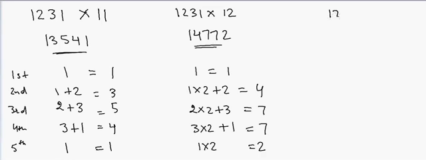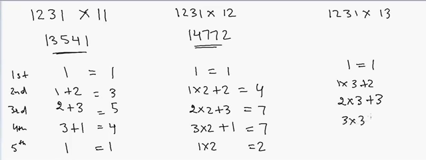Again, if I have to multiply 1231 by 13, then the answer will be equal to 1, 1 into 3 plus 2, 2 into 3 plus 3, 3 into 3 plus 1, and 1 into 3. So that will give me 3 plus 2 is equal to 5, 3 into 2 is 6 plus 3 is 9, and 3 into 3 is 9 plus 1 is 10.